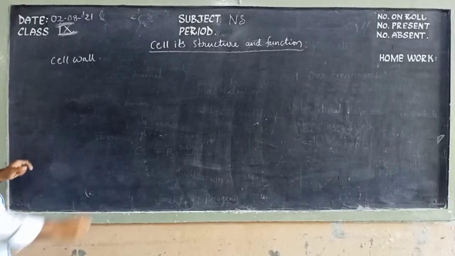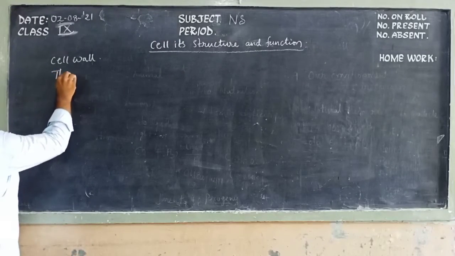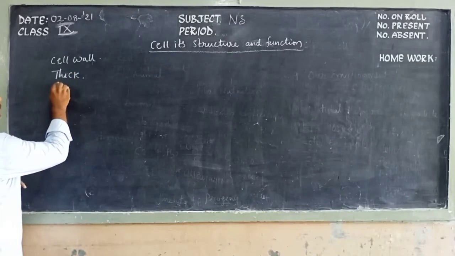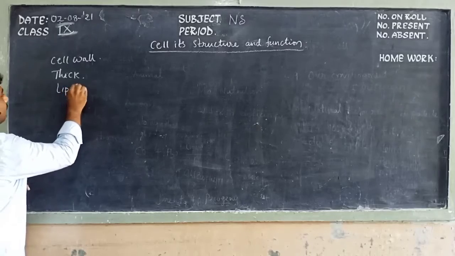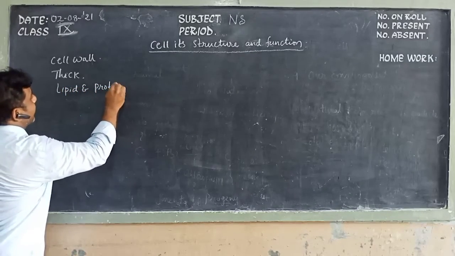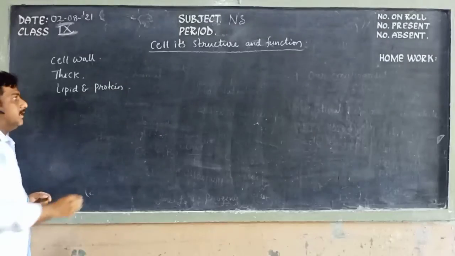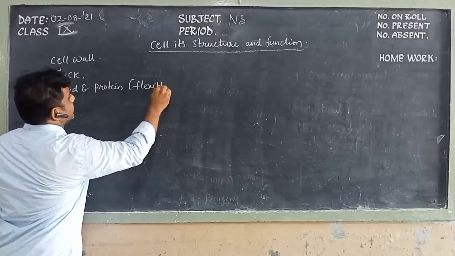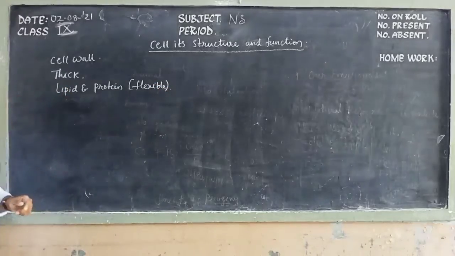Plants contain a thick cell wall which is composed of lipids and protein so that it can bend, meaning it is a flexible cell. So what happens?